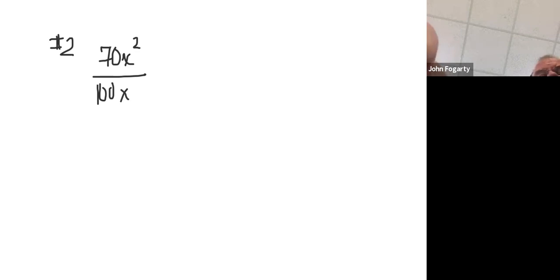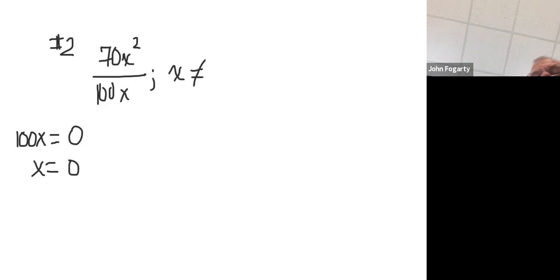So we take our denominator and set it equal to 0 and then solve that. For the value of x equals 0, our denominator is going to be 0, and that's undefined. So in this problem, x can be all real numbers except 0.